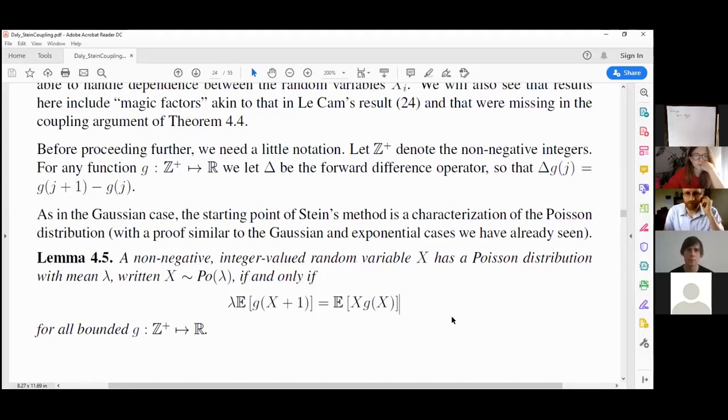Let's not get too hung up on which functions g, particularly in the continuous case, because I don't want to think about this in the continuous case anymore. For the purposes of today, all the random variables we're going to write down will more or less be non-negative integer valued, in which case having g bounded is enough for this kind of definition.